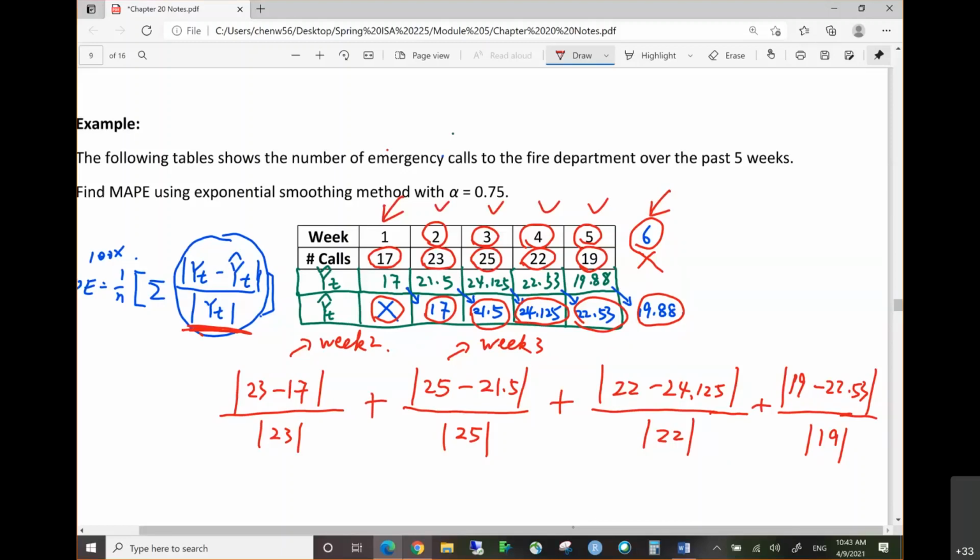Now we need to sum all of these terms together and then multiply by 1 over n. That means divide by how many of them. We have 4 pairs, so that will be 1 over 4, and then times 100 to change it to a percentage. So that will be our MAPE.